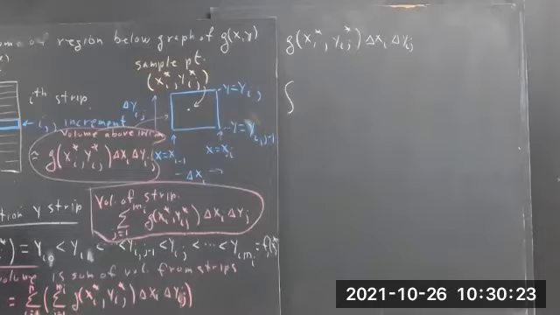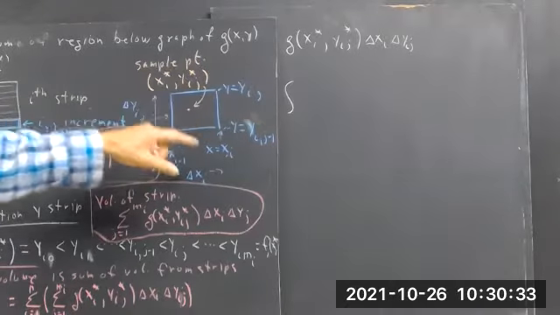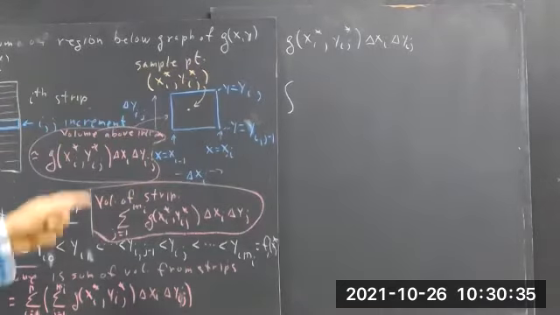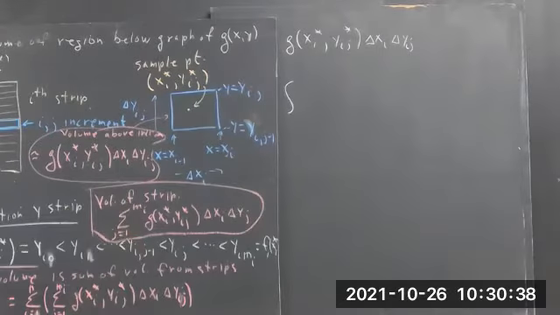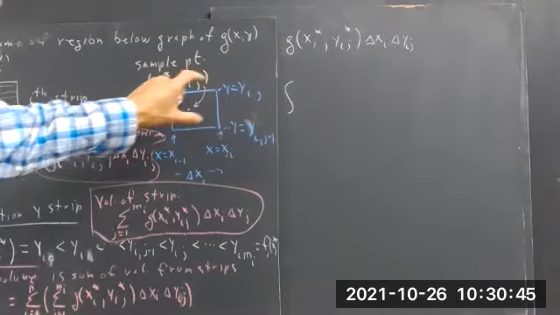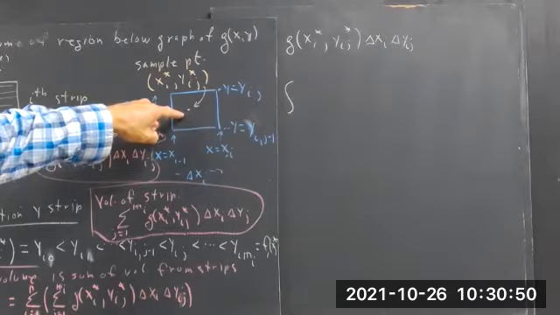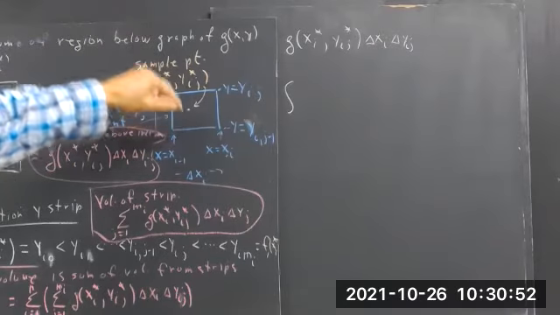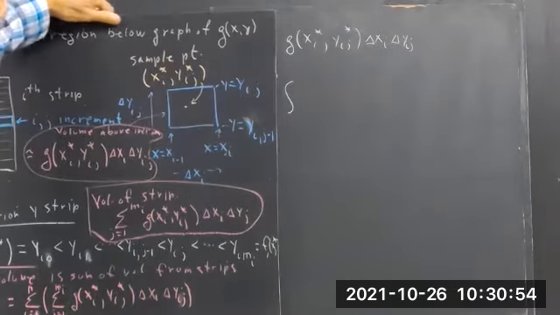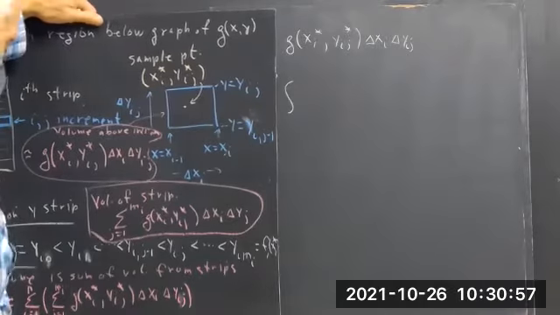We take the typical increment in the ith strip, the jth increment in the y direction, enlarge it, and here are some of the dimensions. It's easy to write down what the area is, and not difficult to write down the total volume above these rectangles, as approximated by the values of g at the sample point in each of the small rectangular entities.